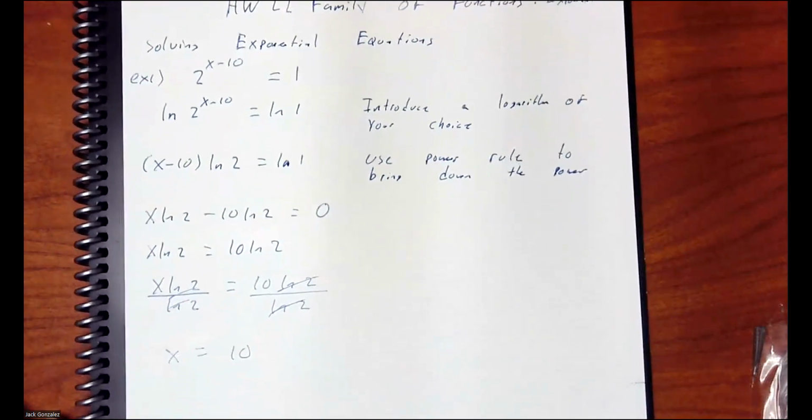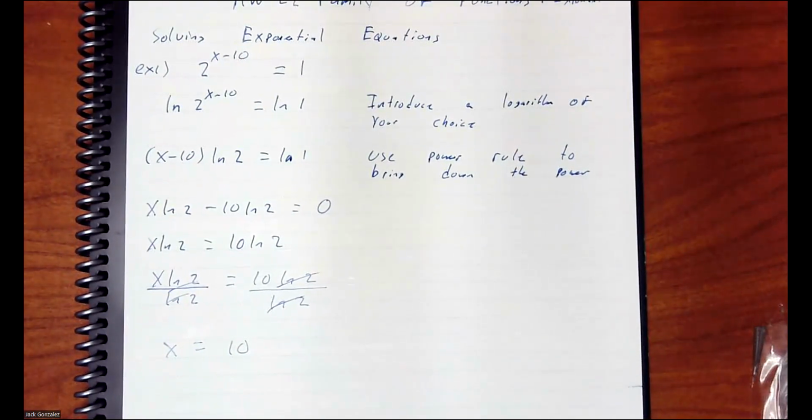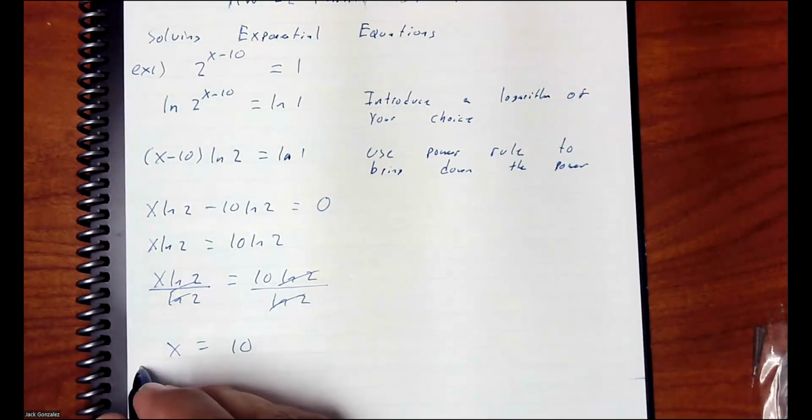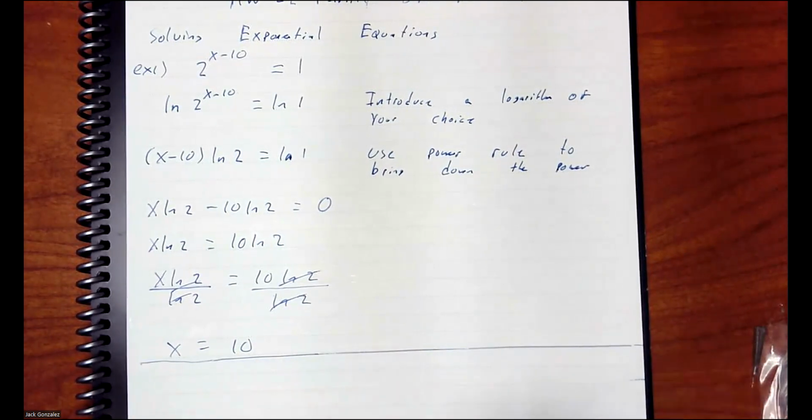In this case, the logs didn't really matter, did they? They canceled out. Double check. So it came out pretty because of that ln1. It's the only reason. Usually there's ln stuff left over. This like never happens.